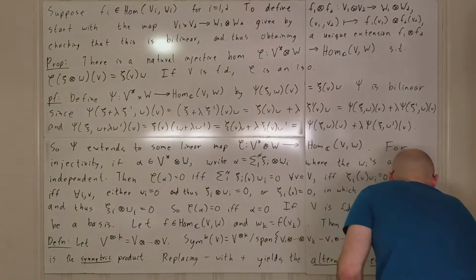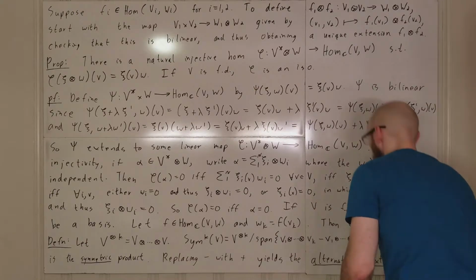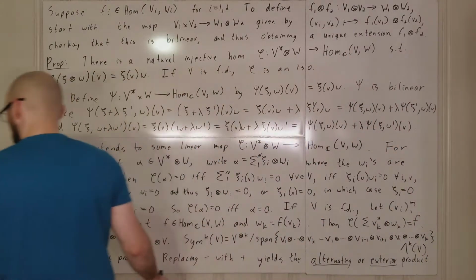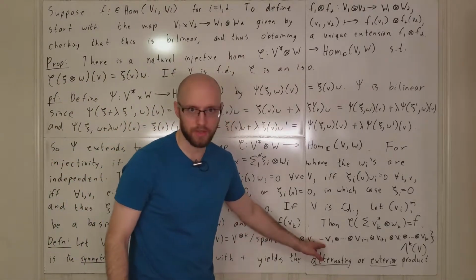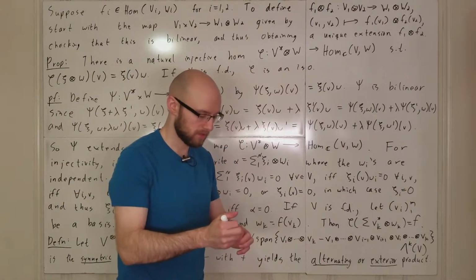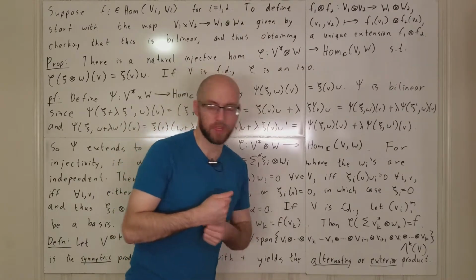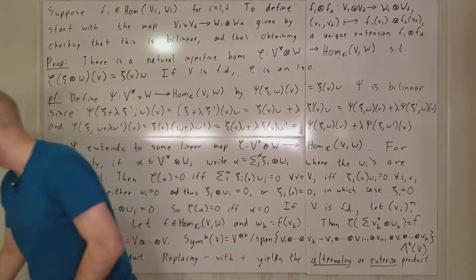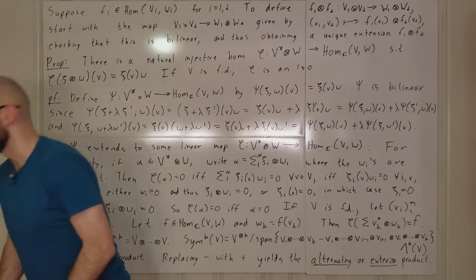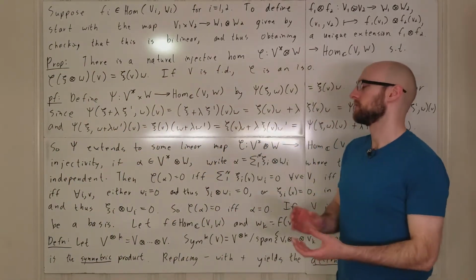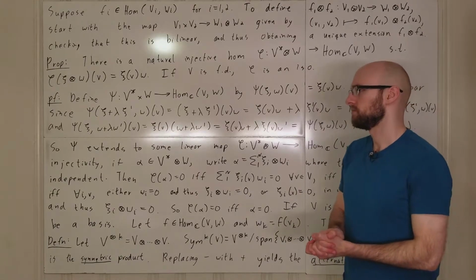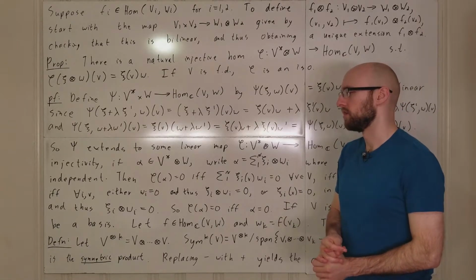So it's lambda to the k of V. And what you do is the same thing, but in the span down here, instead of having a minus, you have a plus. And so those are two vector spaces that I don't know how much they're going to come up in this course.